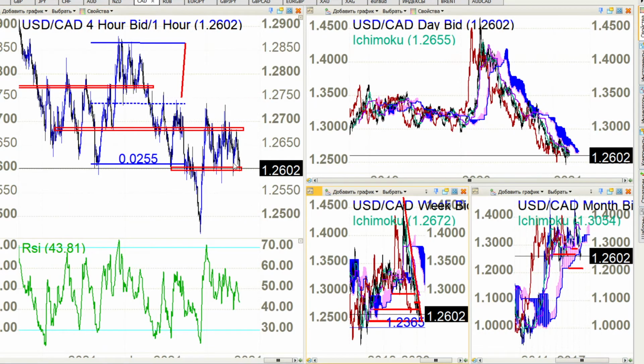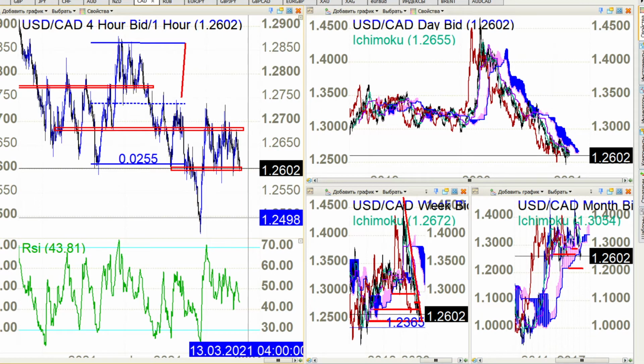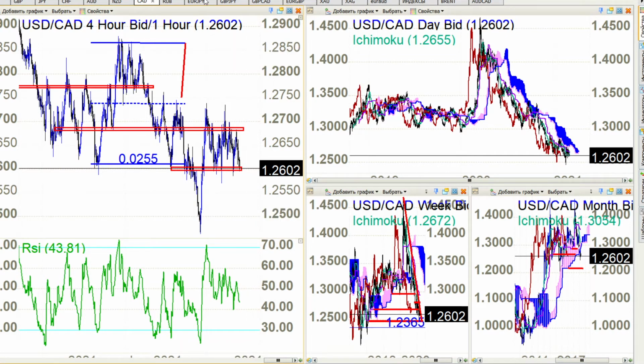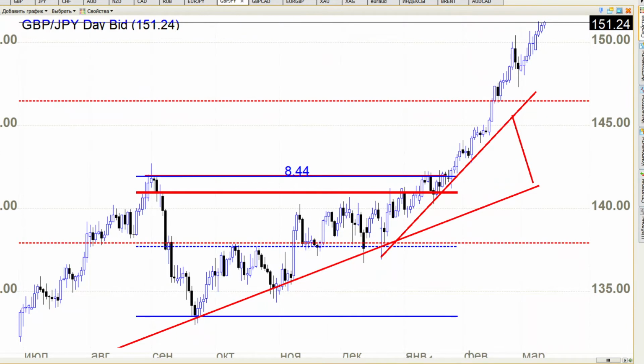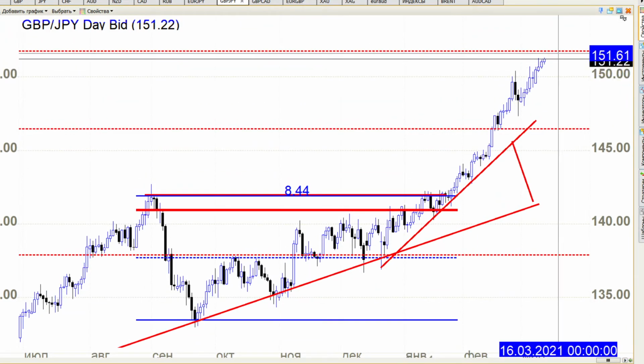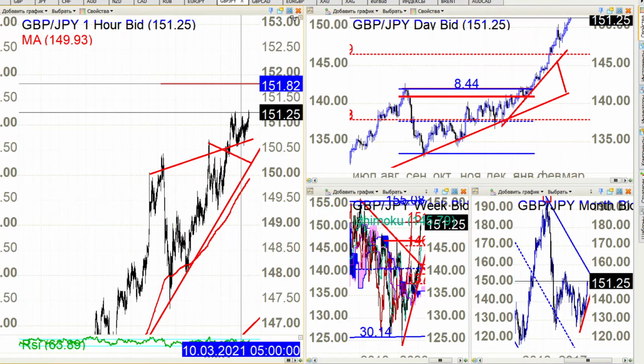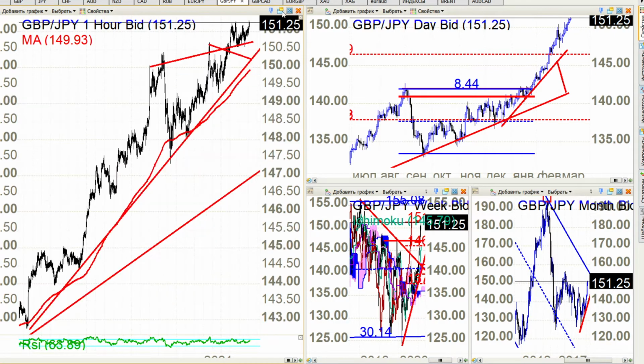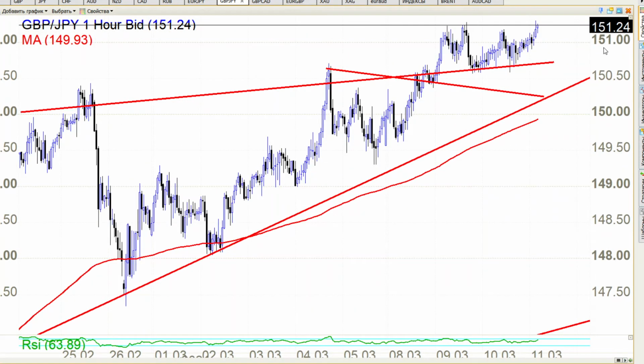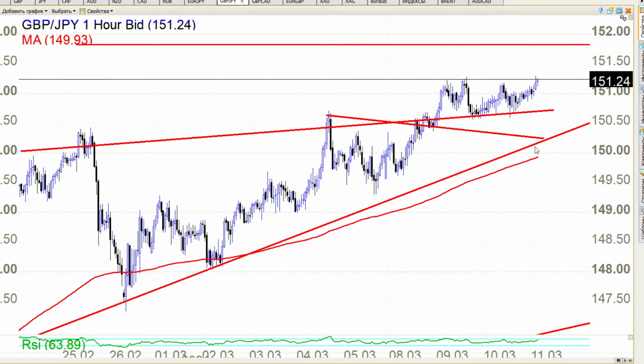About the Canadian dollar, under 126 I will try to sell up to 125. About the Japanese yen with the Great Britain pound, our target is 151.80. This is something that will happen to us, nothing else. So yeah, there is no sell signal, they will go up there.